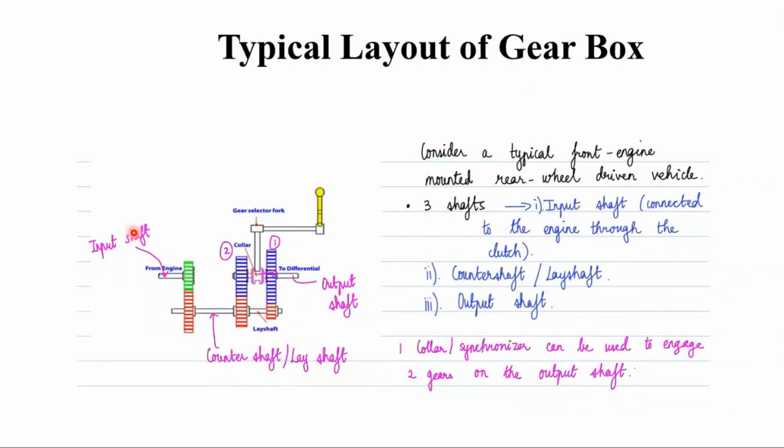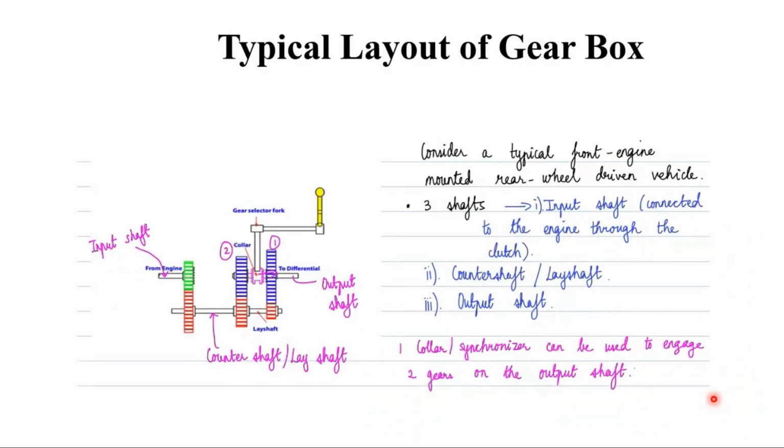When you're considering the typical front engine mounted rear wheel drive, you will have basically three shafts: the engine shaft, which is an input shaft, the counter shaft or lay shaft, and the last one is the output shaft. And I told you there are three types of gearbox: sliding mesh gearbox, constant mesh gearbox, and synchromesh gearbox.